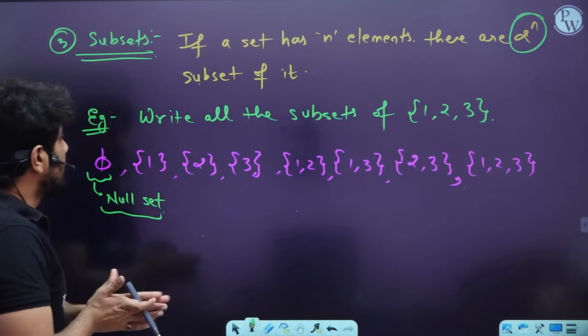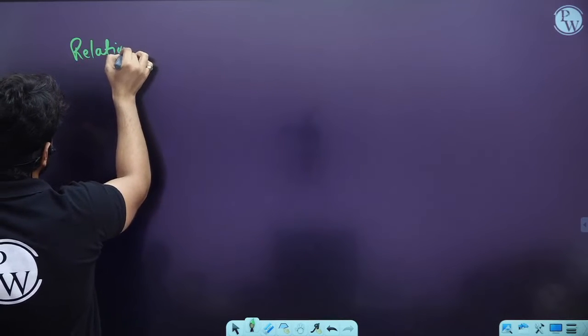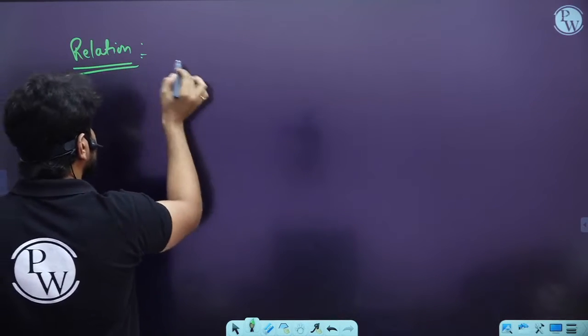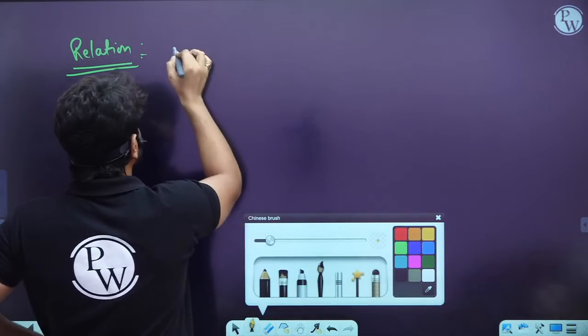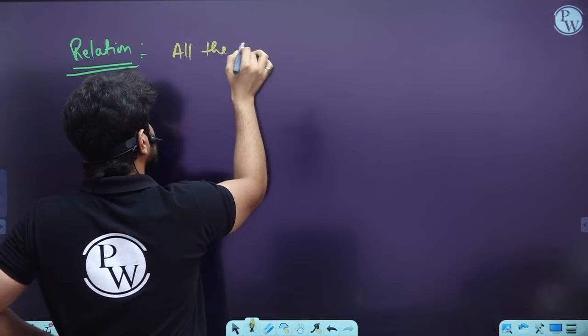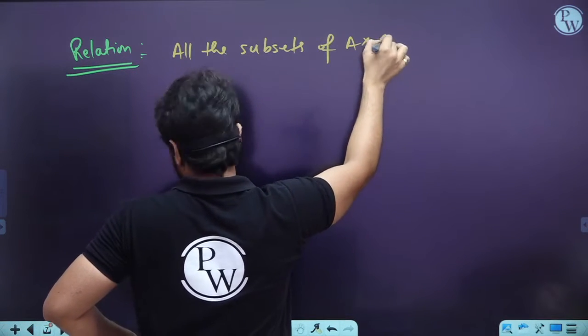Okay. So now, what is relation? How do we define relation? Relation is nothing but all the subsets of A cross B. I have a slide prepared for that.